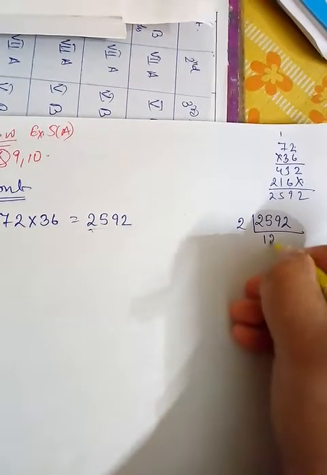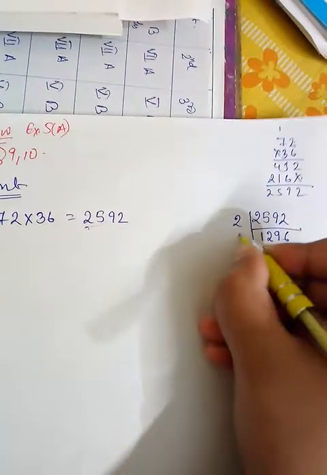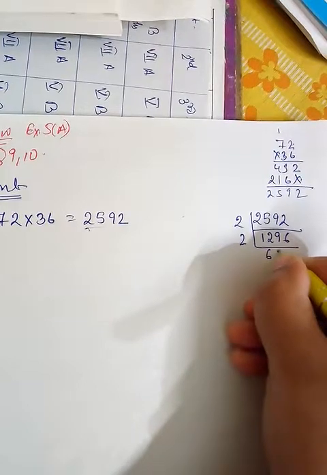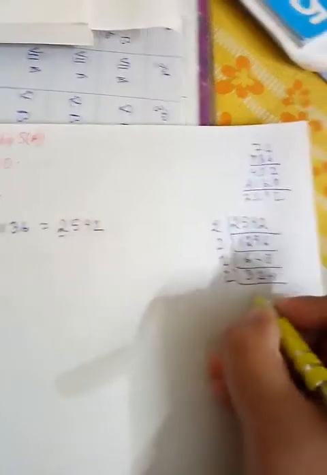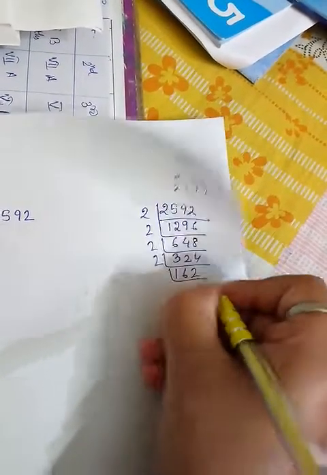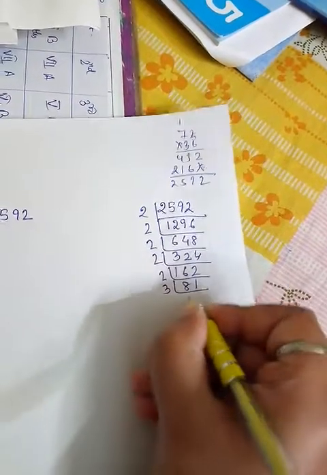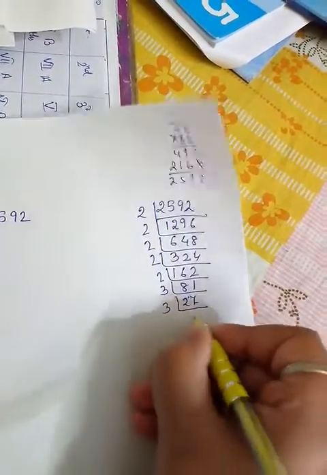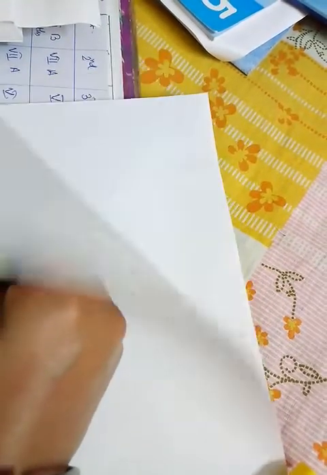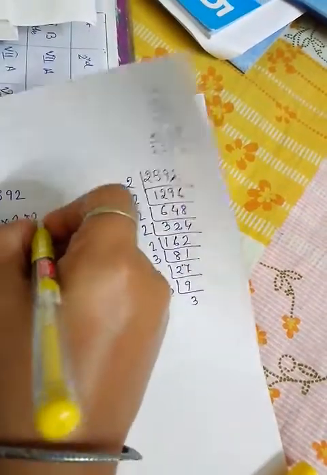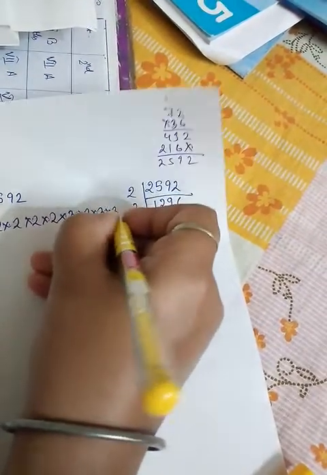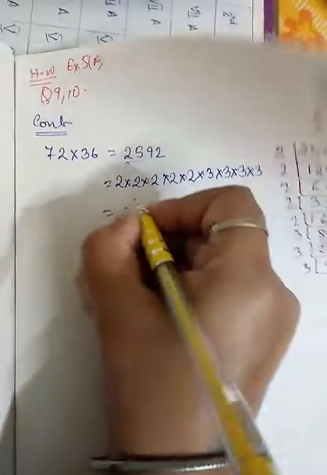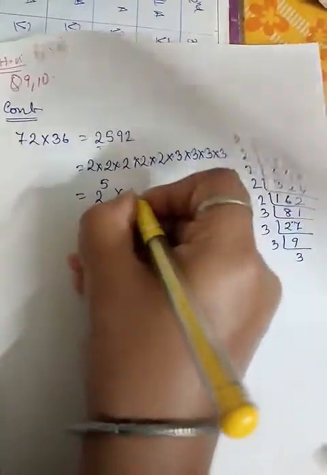So we will find the factors of 2592. Then we will write 2 into 2 into 2 into 2 into 2 into 3 into 3 into 3 into 3, and then in the exponent form, that is 2 to the power 5 into 3 to the power 4.